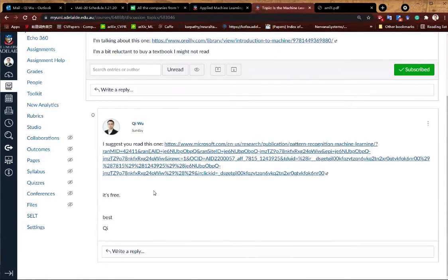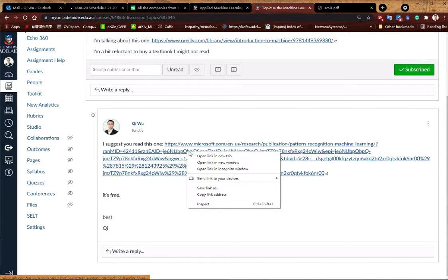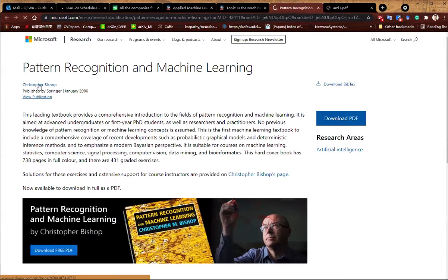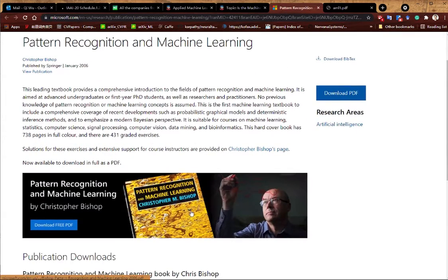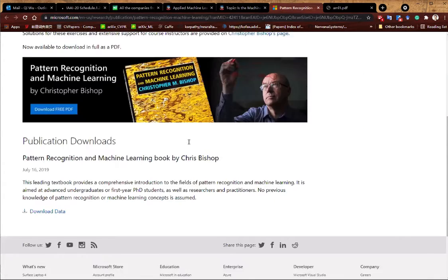But there is a free online version of another machine learning book, which is called Pattern Recognition and Machine Learning, written by Bishop. So this is a very famous machine learning book. Actually, I think it's a must-read machine learning book if you want to be a machine learning expert.